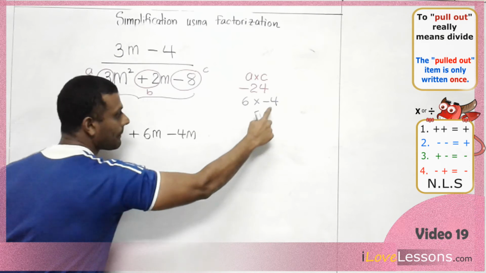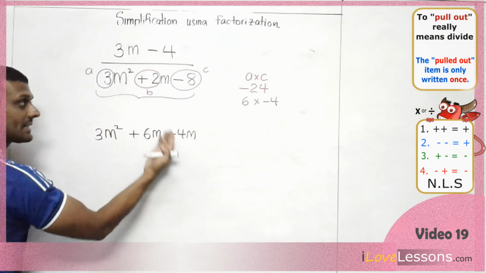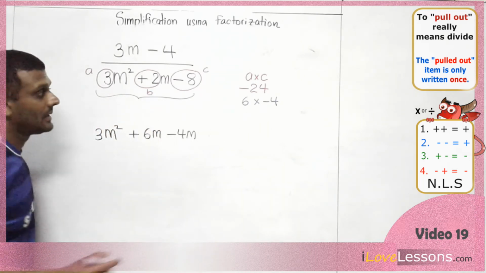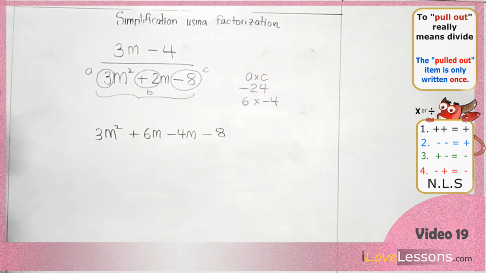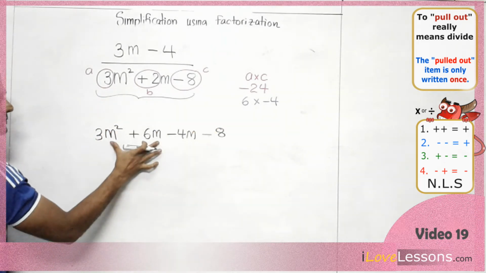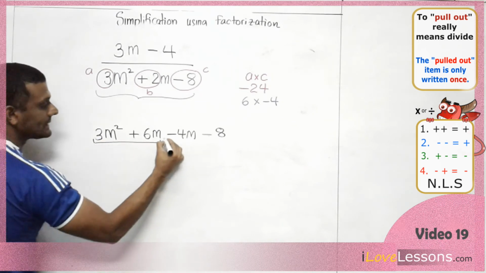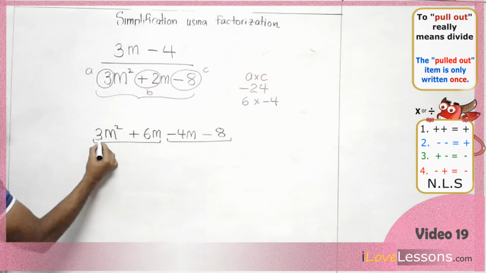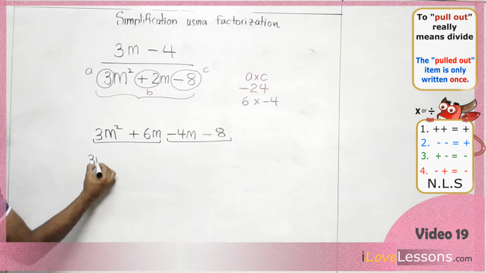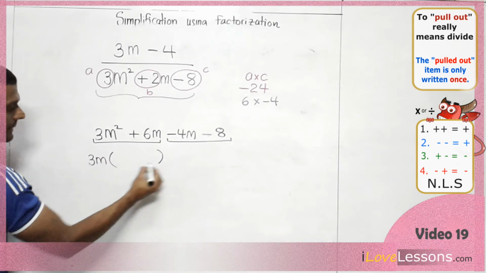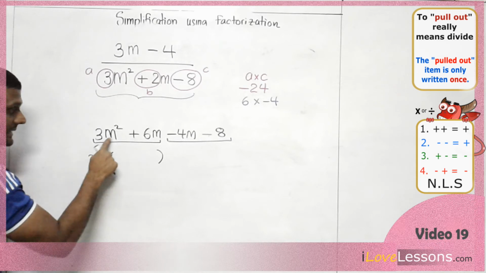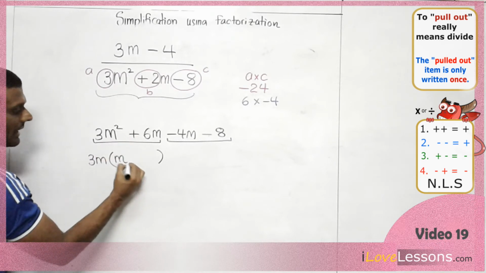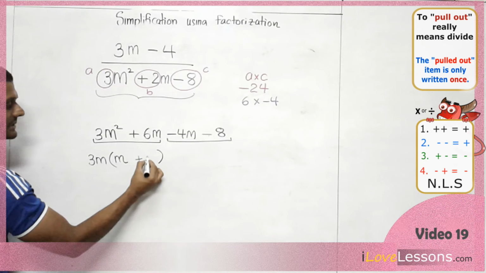Positive 6m minus 4m, isn't that the same exact thing as 2m? And don't forget to put the minus 8. So we're going to factorize this. When it's 4 items, you handle 2 at a time. I believe I can pull out 3m from both of them. If I pull out 3m from both of these, I'll be left with m and positive 2.